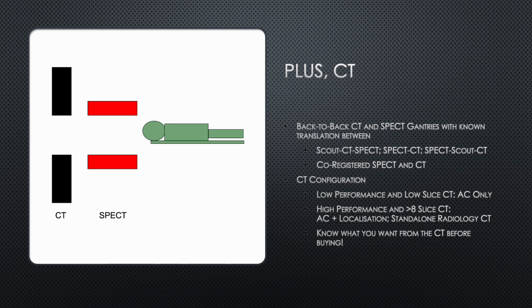And some of the top range SPECT CTs also allow you to perform standalone radiology quality CTs. It's really important before you buy one of these systems to know what you want from the CT before buying. It's quite easy to buy a very high specification CT to do nothing more than localization and attenuation correction, which isn't really appropriate.